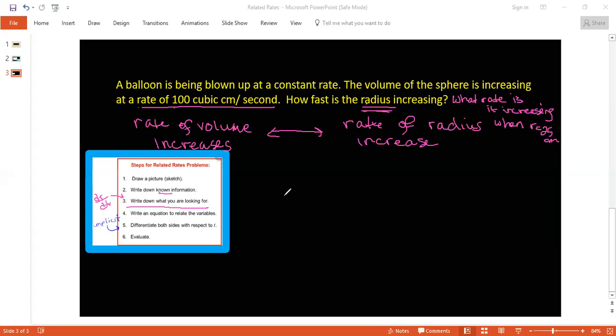And when I differentiate this, I'm going to get, we'll write it again. dV/dt is equal to d/dr of 4/3 pi r cubed times dr/dt, because it's implicit differentiation.